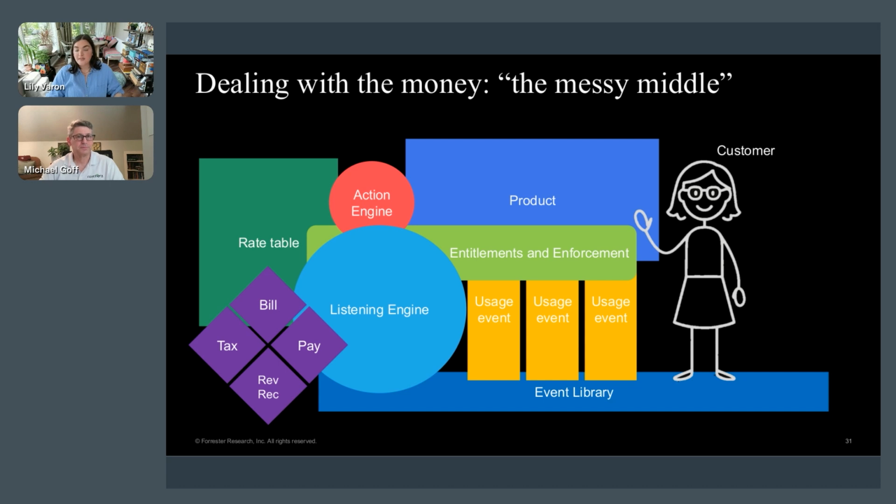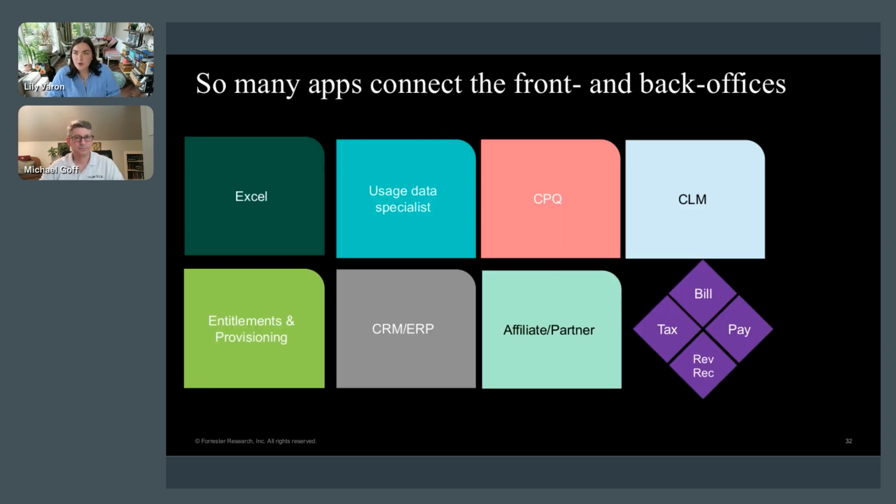And by the way, I mentioned this messy middle before. After this has been rated, there are any number of other business processes that have to happen. How you define your messy middle, with the other solutions that connect these front office experiences to a back office experience, will be your own. There's affiliate management and partner management.